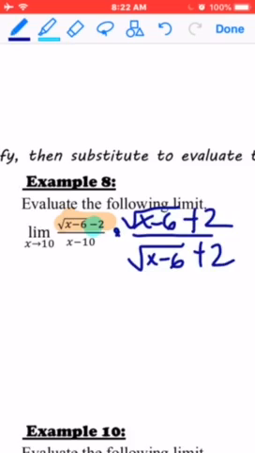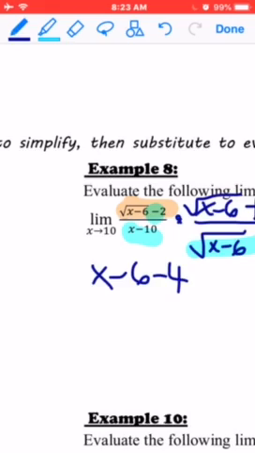Again, you don't really want to FOIL out the denominator. Something should cancel. When you FOIL the numerator, you get x minus 6, and then your last term would be minus 4. Your middle term should cancel.